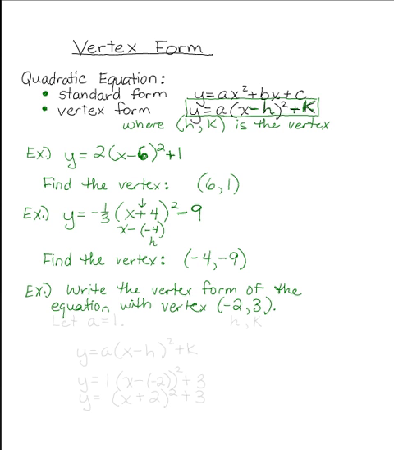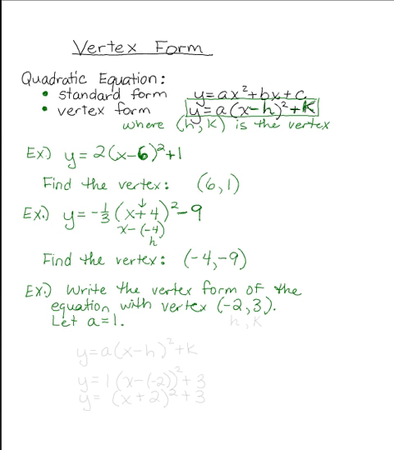Notice that we have not yet discussed the a value in this equation. For now, we're going to say let a equal 1 for this example. A does play an important role in the picture of this quadratic equation, but it does not change the vertex, so we're going to ignore that for now.